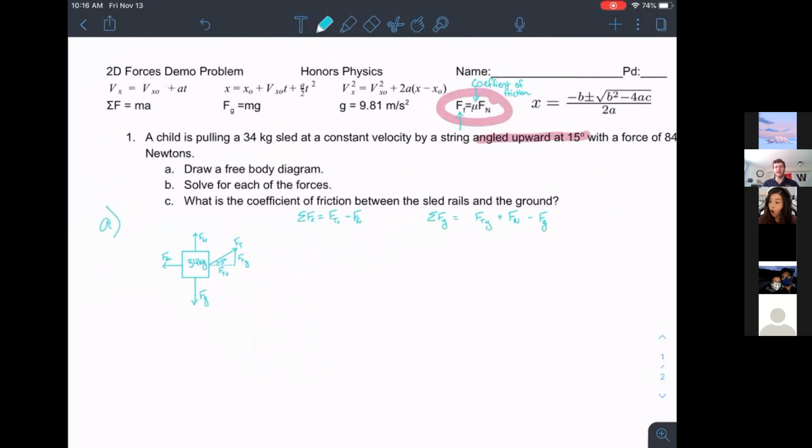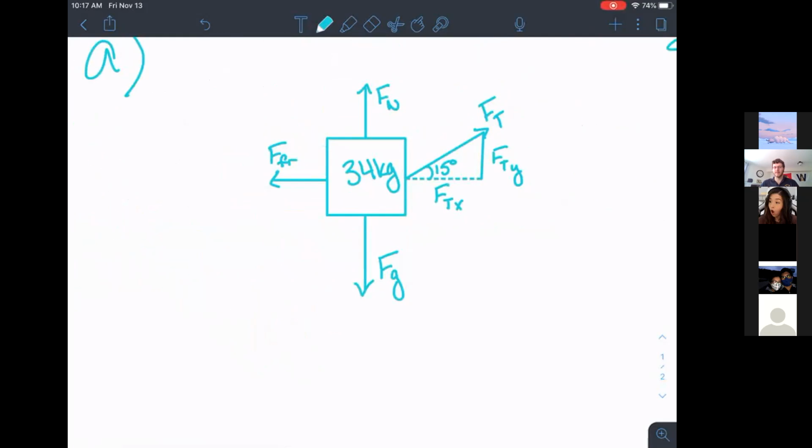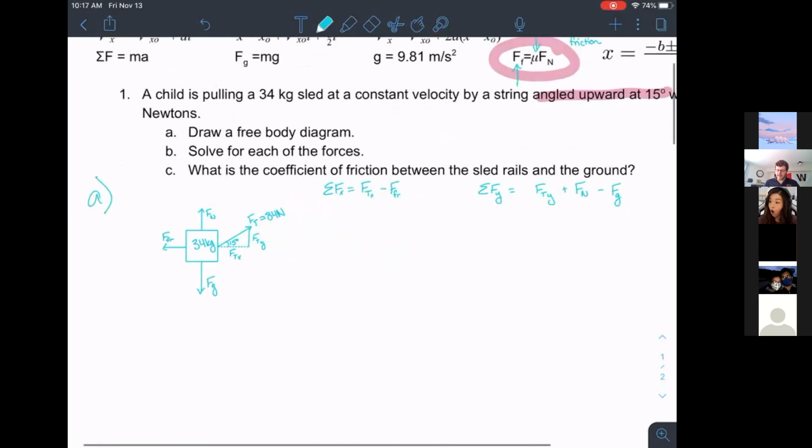And then we have that angle, and it says at a constant velocity by a string up at an angle upwards at 15 degrees with a force of 84 newtons. So that 84 newtons is what value? Which of our forces? FT. FT, our tension force, is 84 newtons. Perfect. My last question is this constant velocity, what does that mean?